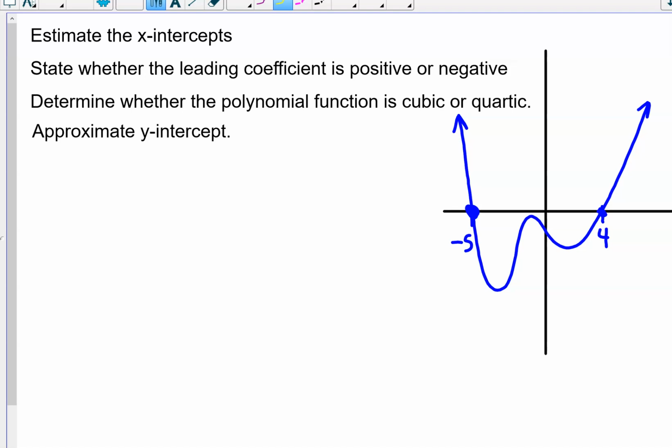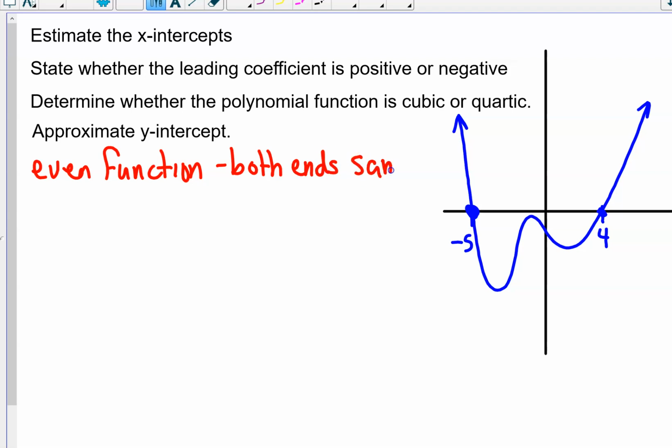Okay, so let's take a look at one of these here. Estimate the x-intercepts. We're going to start with that one. If we were looking at this one right here, right now I can say this is an even function because both of the ends are going in the same direction.